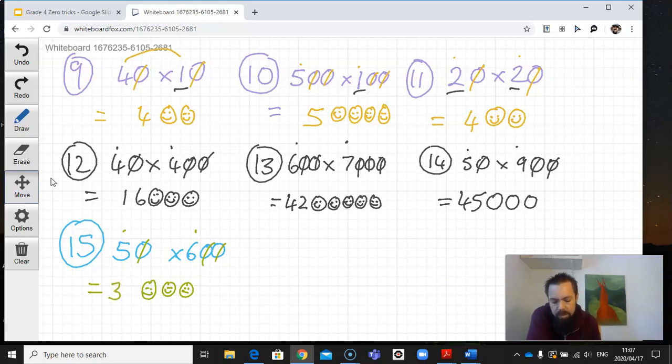It's very important that when you do this one, if you get a number with a 0 on the end, that 0 still needs to go in the front there. Otherwise, you're going to get the wrong answer. So don't think that just because there's 3 zeros here, there will always be 3 zeros in the answer. Because if you do this multiplication and you end up with a 0, you could get an extra 0 in your answer. Right, so I just wanted to point that one out just to make sure you don't make that mistake.